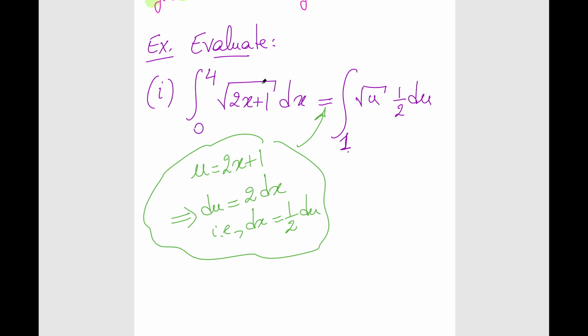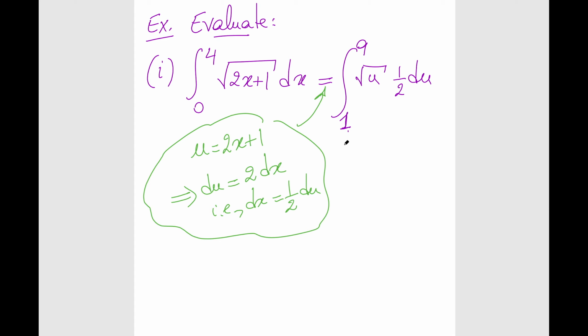Now when x is 4, g of 4, which is u, is 2 times 4, which is 8, plus 1, so 9. Agree with that? Okay. This is equal to 1/2 the definite integral from 1 to 9 of u to the power half, the square root of u, du.